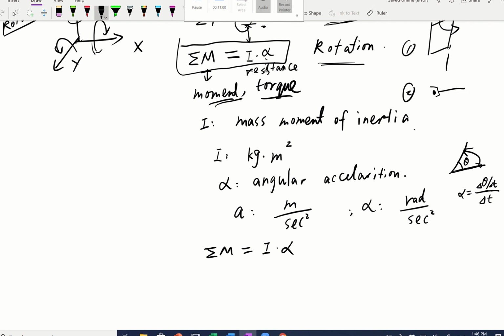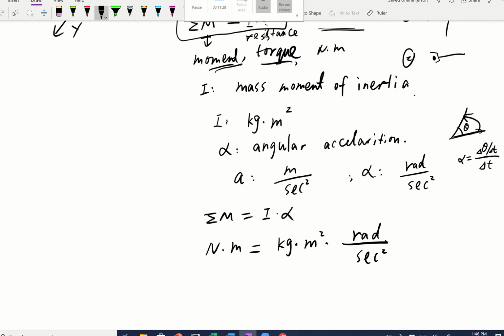M, we're talking about its torque, right? What's the unit for the torque? It's going to be force times moment arm. That's going to be force times distance. So it's Newton times meter for the left-hand side. Our I, mass moment of inertia, is mass times distance square, so kilogram meter square. And alpha is going to be radians per second square.